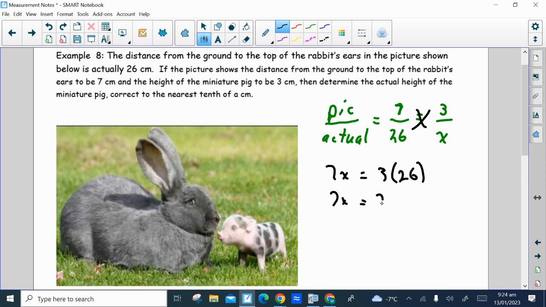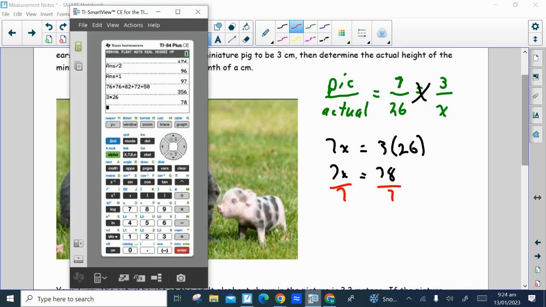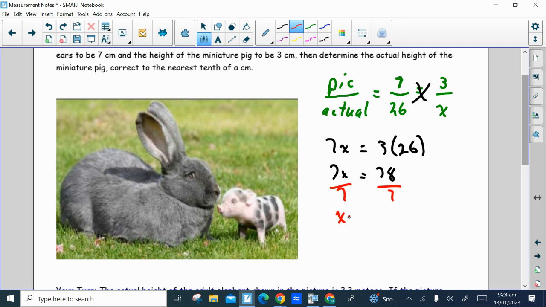So 7x will equal 78. Then we divide both sides by 7 to get x by itself. We're going to get a decimal here. It does say round to the nearest tenth, so that would be 11.1 approximately. That's the actual height of the miniature pig.